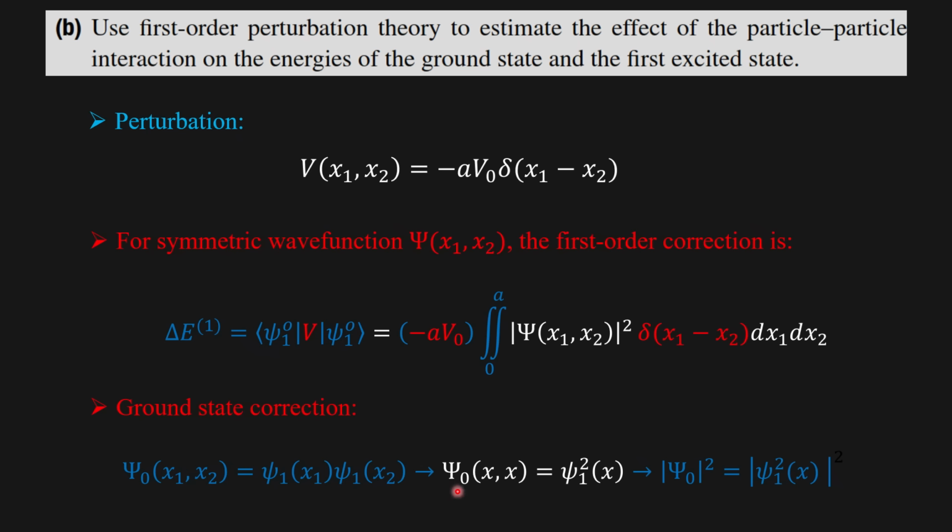So psi naught of x is psi 1 squared of x, which implies the modulus psi squared is equal to psi 1 squared of x. So this double integral will become a single integral. We will reduce it further.